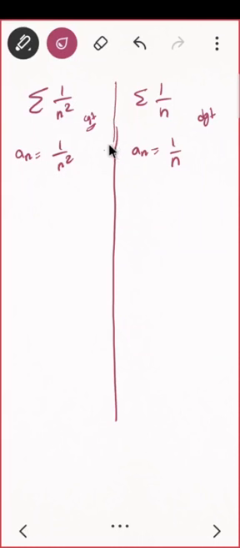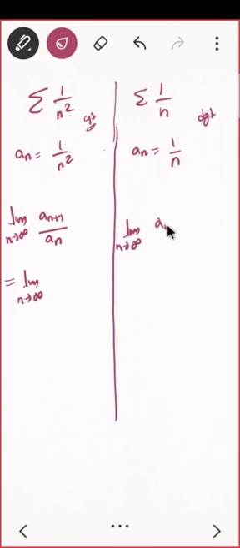Perfect, nice. Can you find this limit? Limit n tending to infinity of n upon n plus 1.